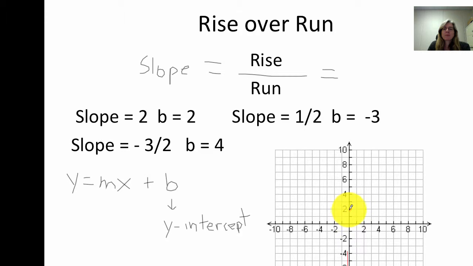The y-intercept, the point is 2. So that means if it's a point, it has to have an x and a y. The x, because we have not moved any direction along this axis, is 0. And we went 0 and then up 2. So the point itself is (0, 2). That's the y-intercept. Y-intercept is b.